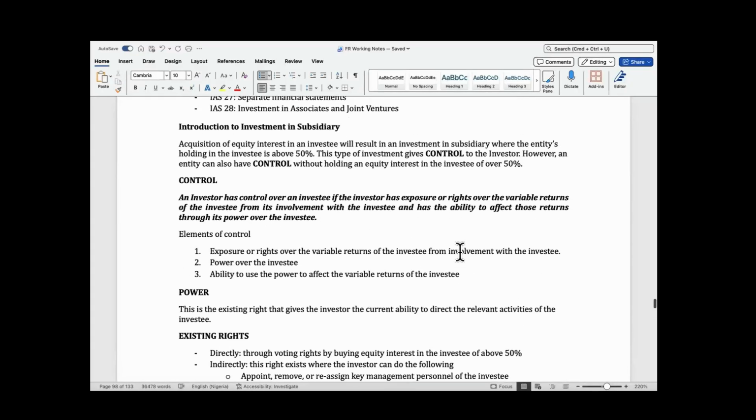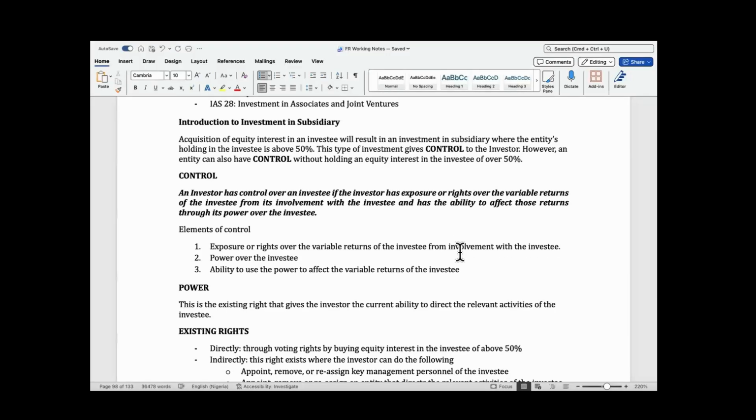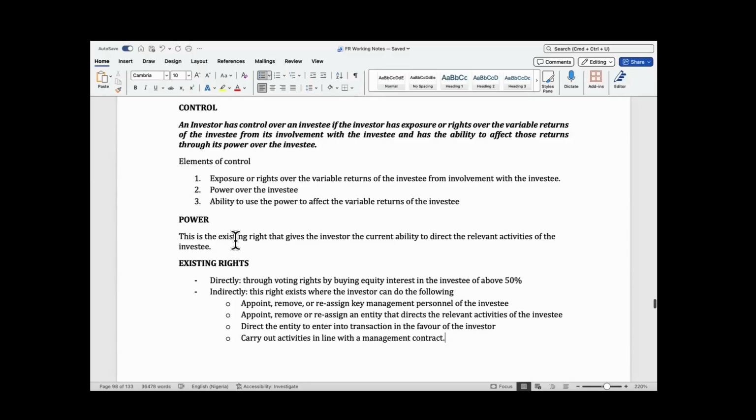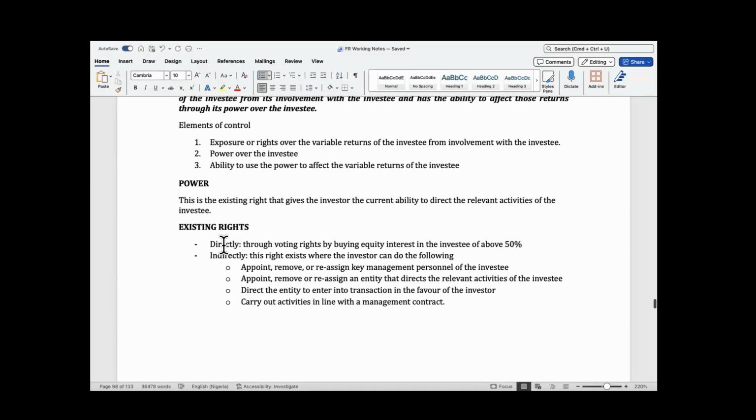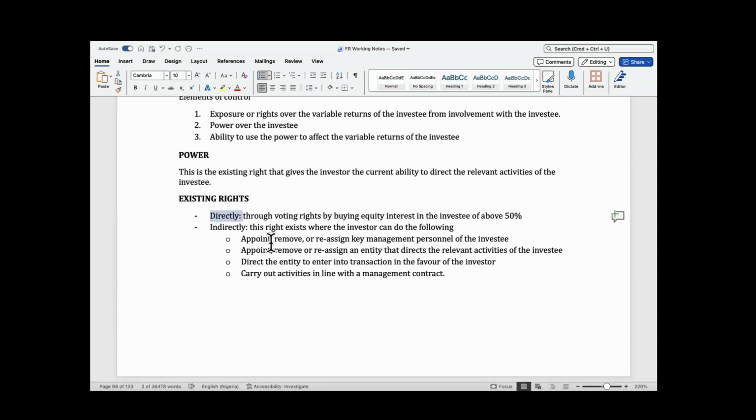So that investment in subsidiary gives you control. That gives you the power to affect the variable returns of the investee. And this power that you got from some rights is either coming directly through buying of shares or indirectly through the fact that you can appoint and fire key management people.